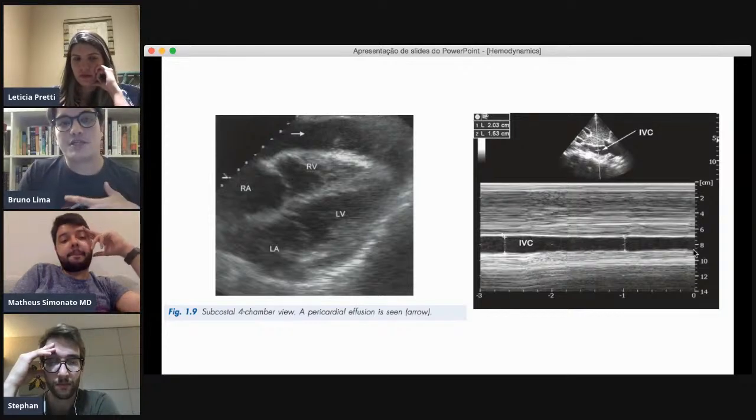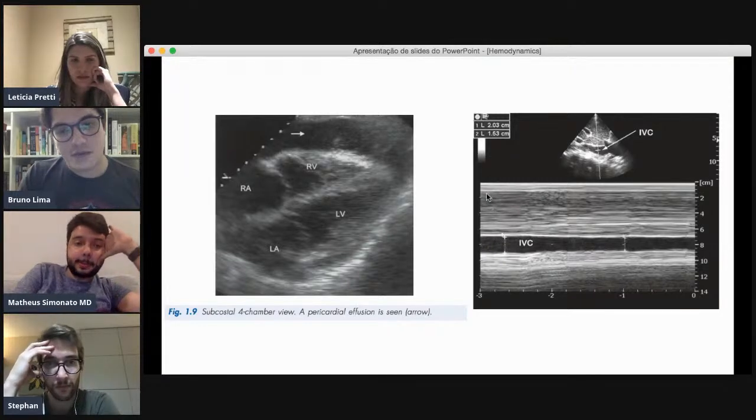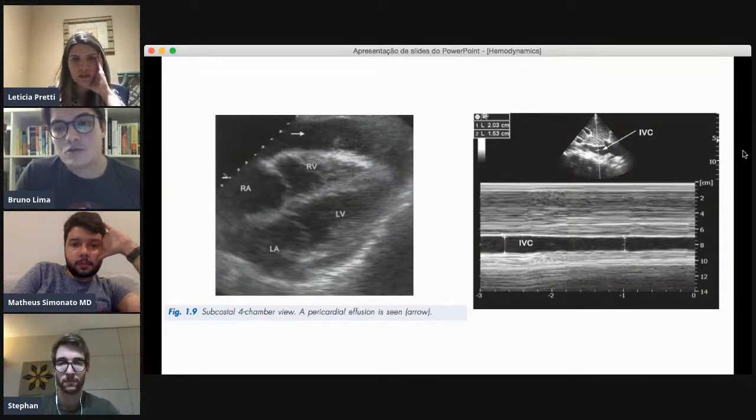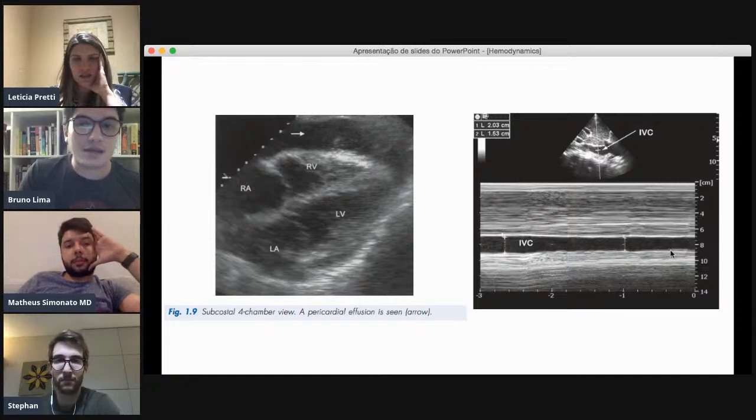If the patient has congestive heart failure and lots of fluid on board, the IVC will be huge. If they're dry, like our patient, the IVC would be collapsible. So this can answer a really important question: does this patient need fluids, or does this patient need diuresis? This is something that can help.